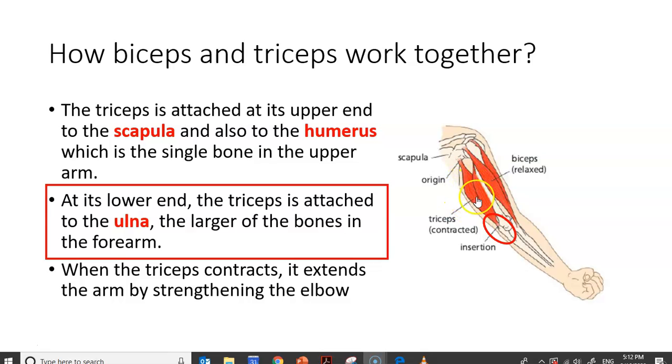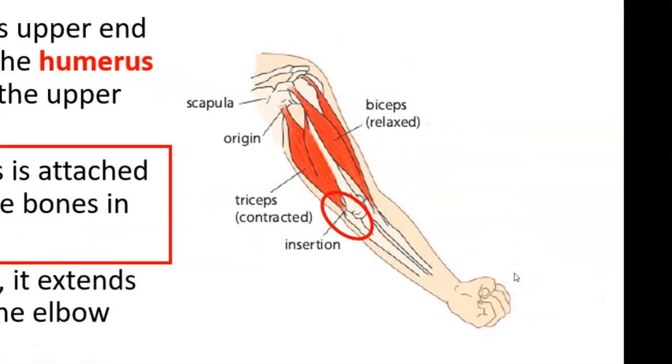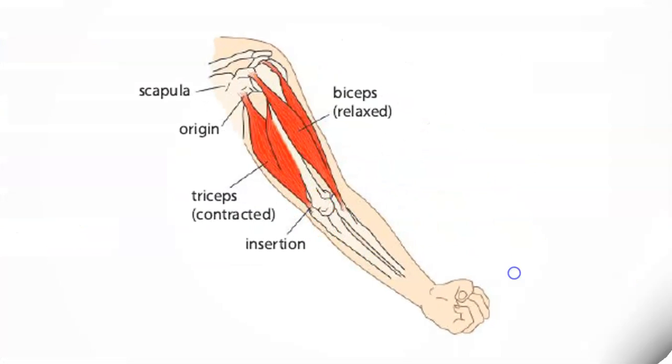Can you imagine how this tricep will attach to this one, ulna? By contraction they make that forearm get extended. Okay. When the triceps contracts, it extends the arm by straightening the elbow. That's what's happening exactly.